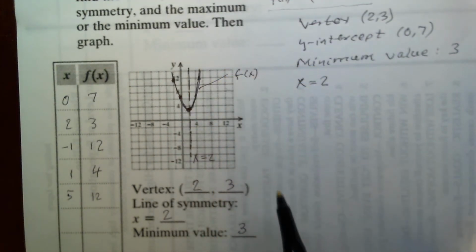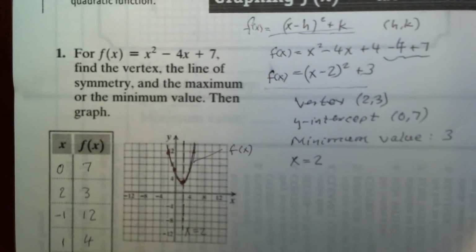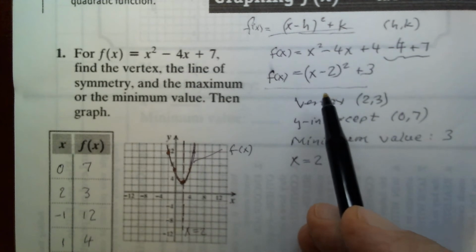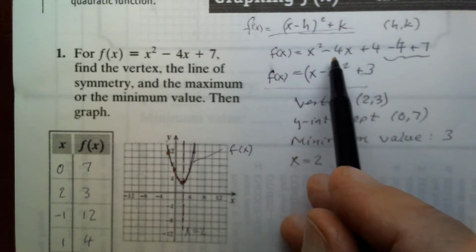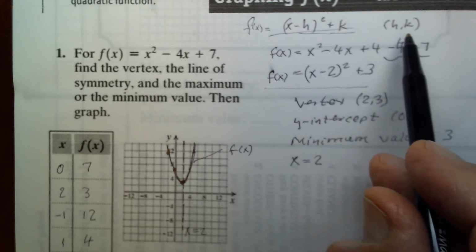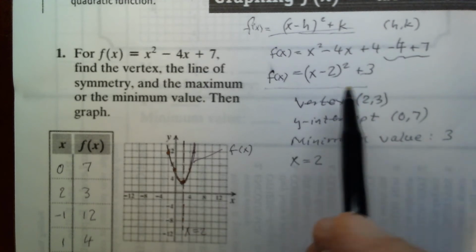And so that's all that this was asking for. So the key is to rewrite the quadratic function in the form f of x equals x minus h squared plus k, so that h and k define the vertex, and it's obvious where it is, 2, 3.